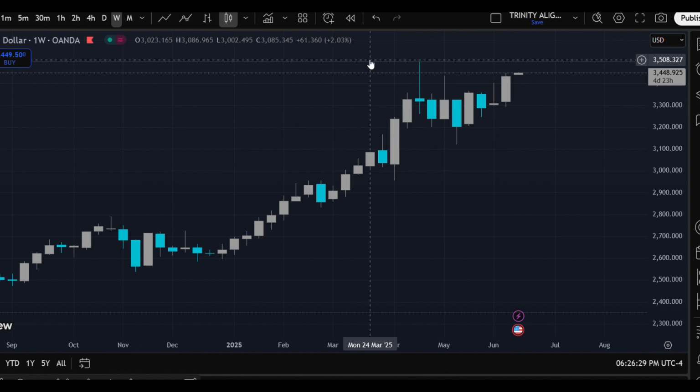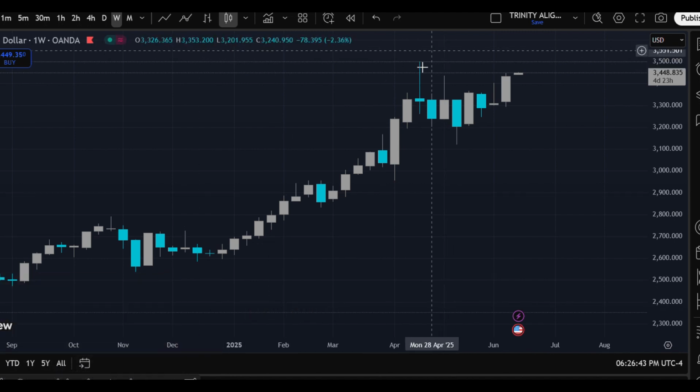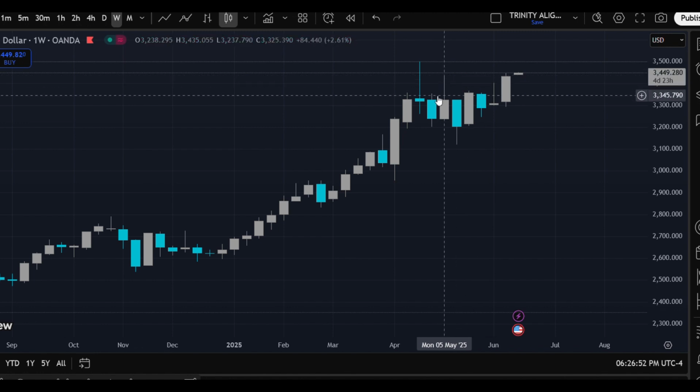Here we see we have the edge of the market, the highest point, and this is in the weekly, and then we also have something coming a little further in, just about right around here and here.